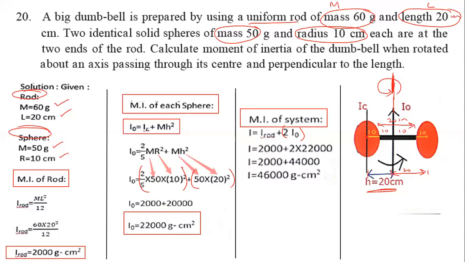Moment of inertia of the rod is 2000 and for one sphere it is 22,000. So both the spheres means 2 into 22, so we can write 44,000 plus rod is 2,000, 46,000. So moment of inertia of this system is 46,000 gram centimeter square.